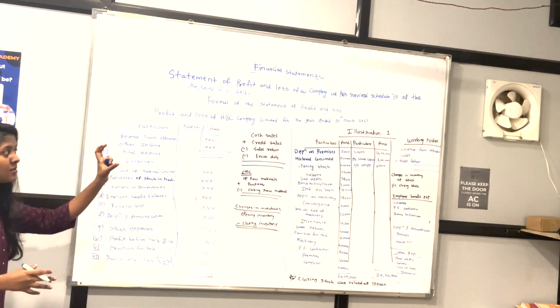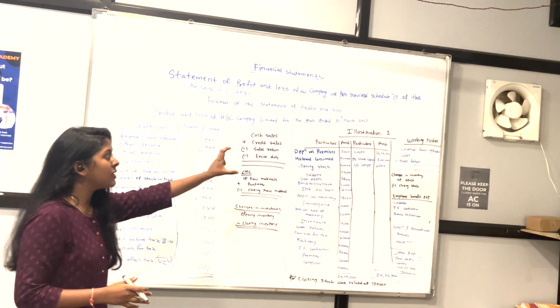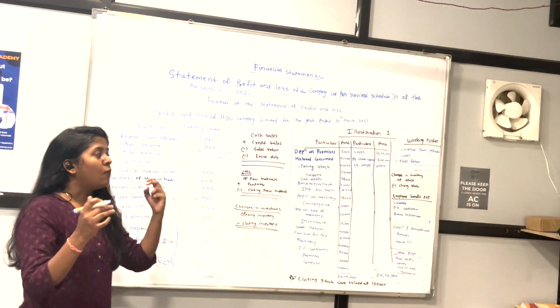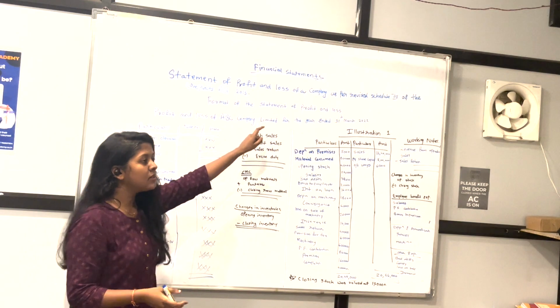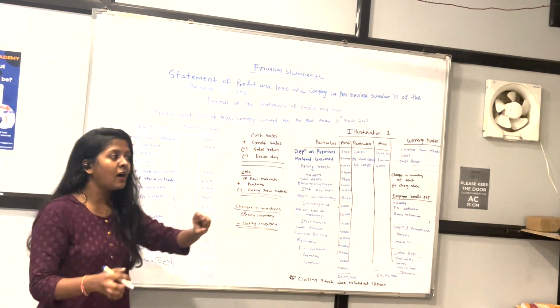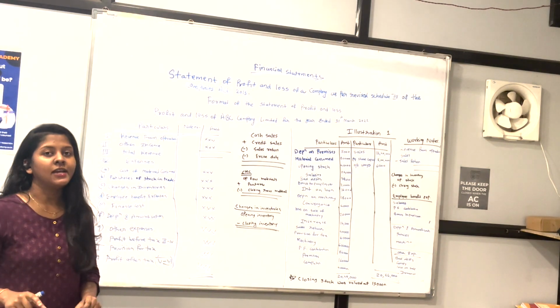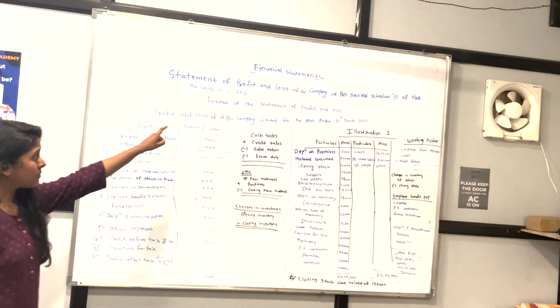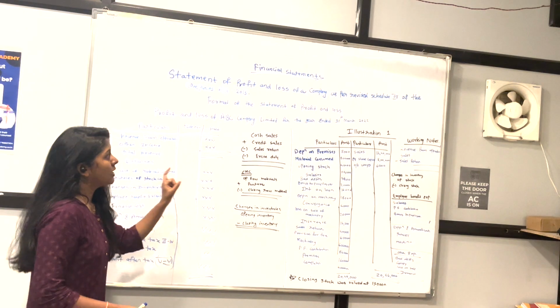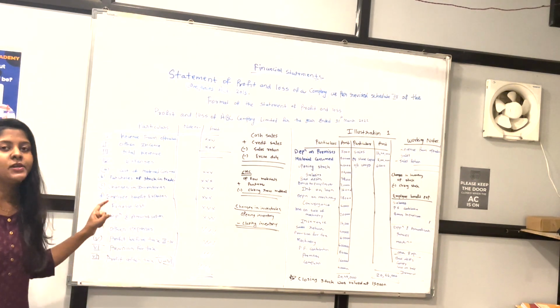But now this is a separate account which includes everything. The difference between 11th and 12th standard is that in this income statement we put everything under heads. That's why this format is there, and we have to study the format and go according to it.